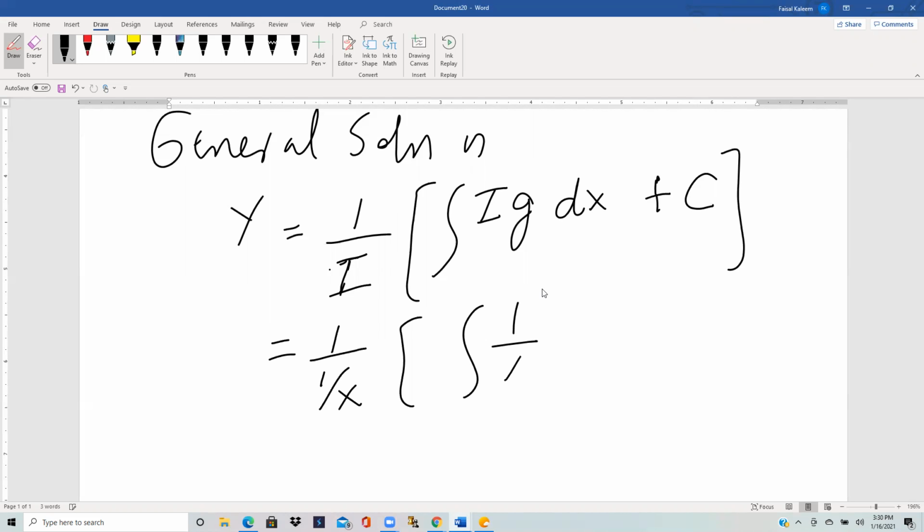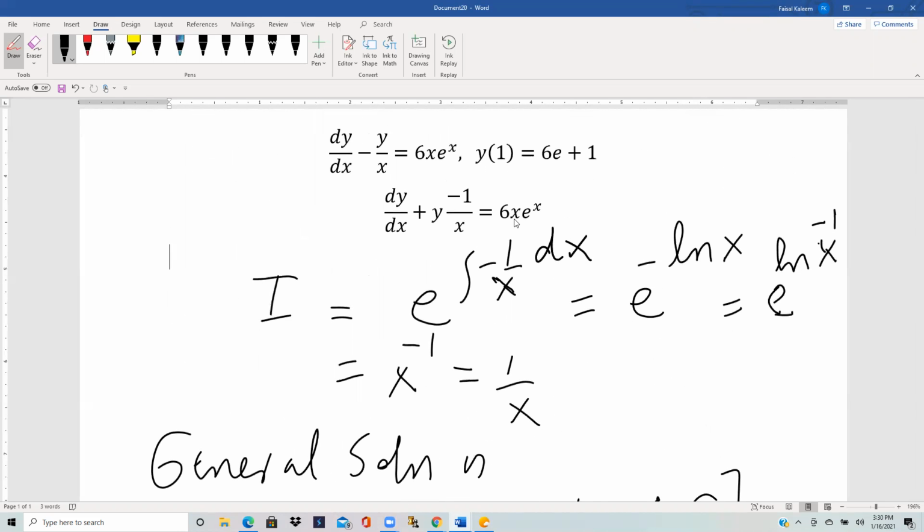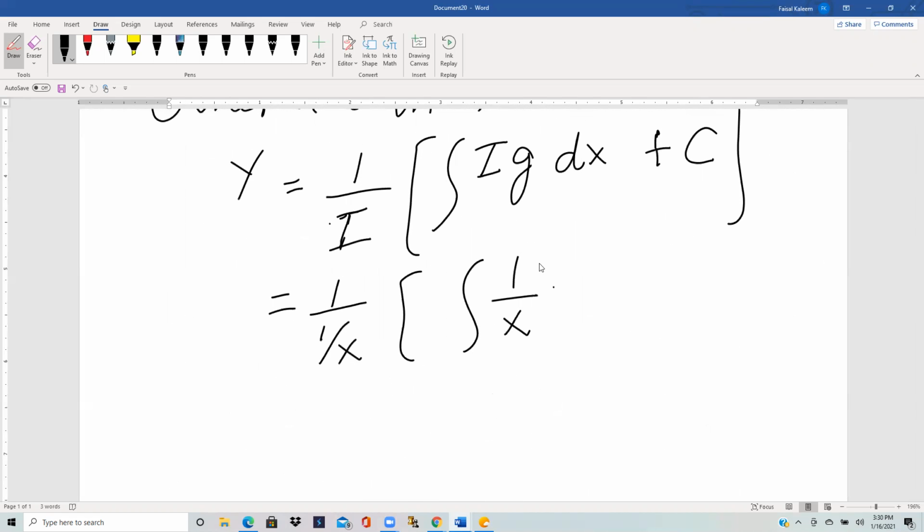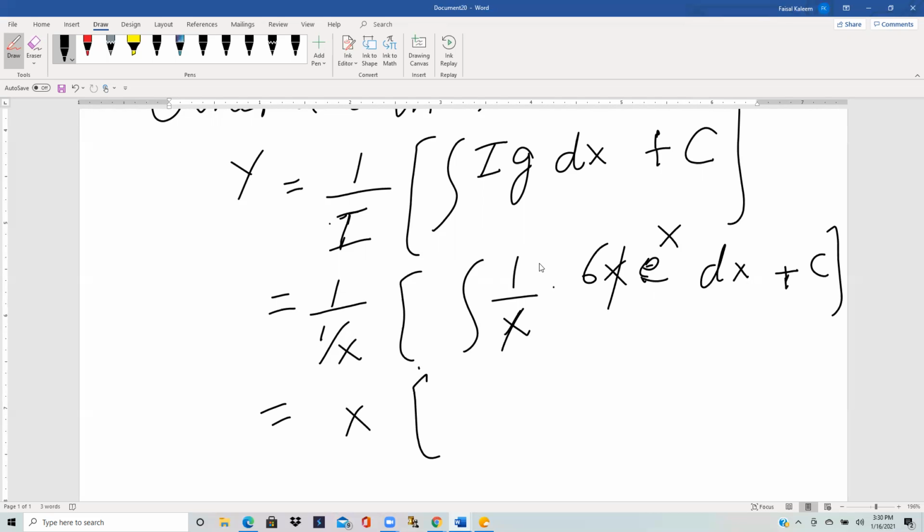Integral of I is 1 over x, and g is the right hand function, which is 6x e^x. So the x's cancel out, and it's just the integral of 6e^x, which you know is 6e^x. And 1 over x is just x. So x times 6e^x plus c.